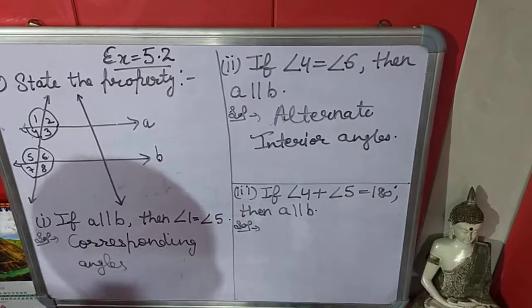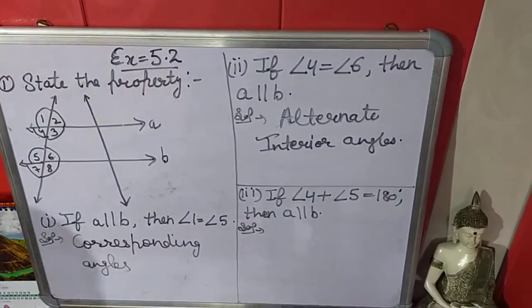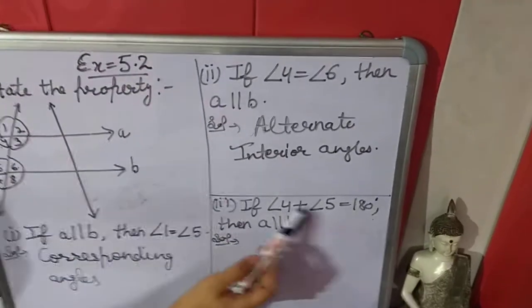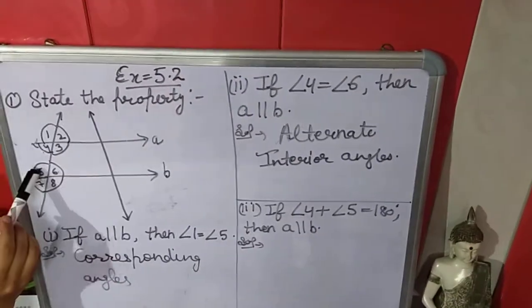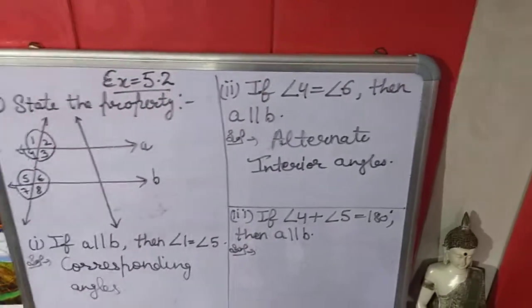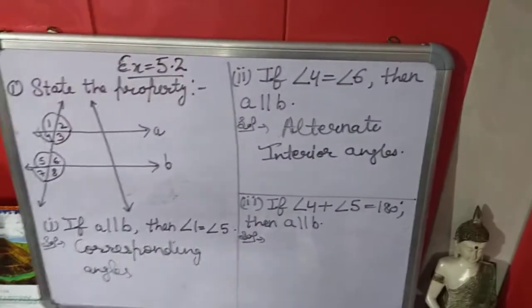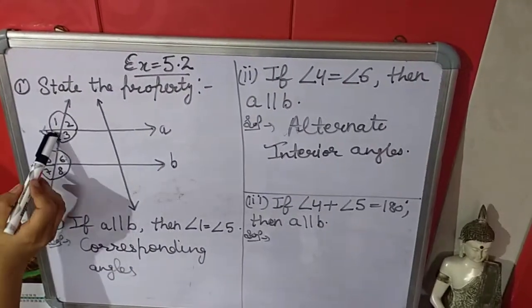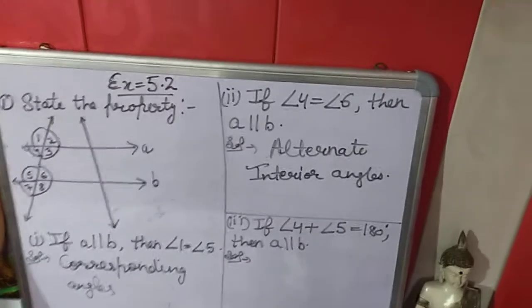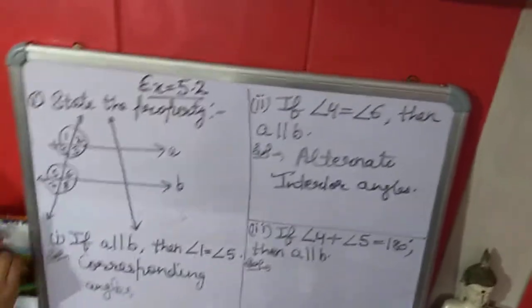Angles. Next, third is if angle 4 plus angle 5 is equal to 180 degree. The sum of both angles is 180 degree. Now, these are co-interior angles. I told you when two angles are interior and they are on the same side of transversal line, then the sum should be 180 degree.